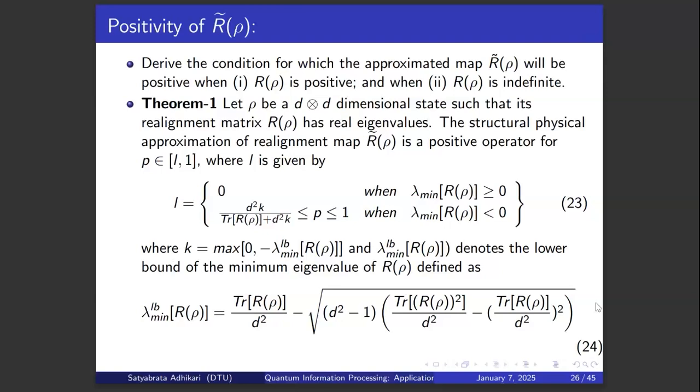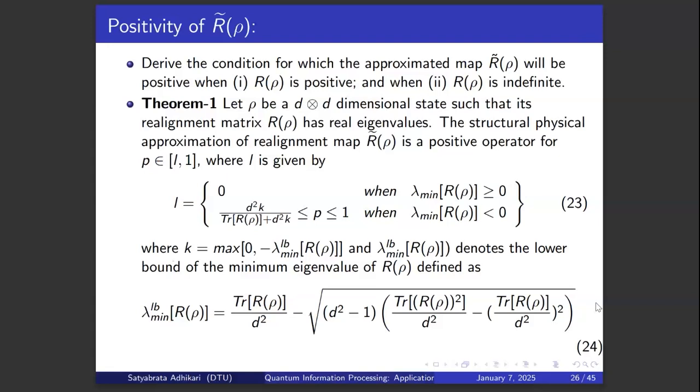So here is the critical value of p. p is not lying between 0 and 1, but there is a critical value L above which p will lie, and the upper bound of p is 1. So L less than or equal to p less than or equal to 1, and this L is equal to 0 when the minimum eigenvalue of R rho is greater than or equal to 0, and when the minimum eigenvalue of R rho is less than 0, then L is given by d square k by trace R rho plus d square k.